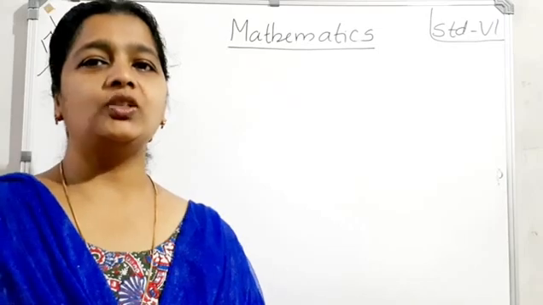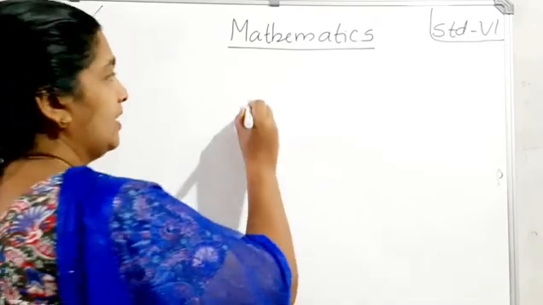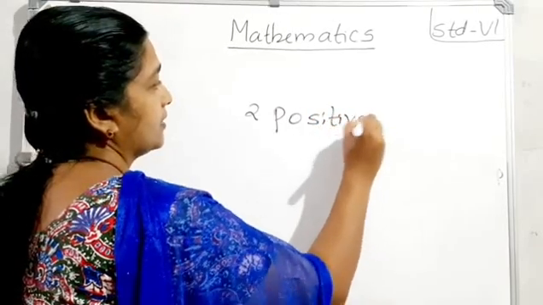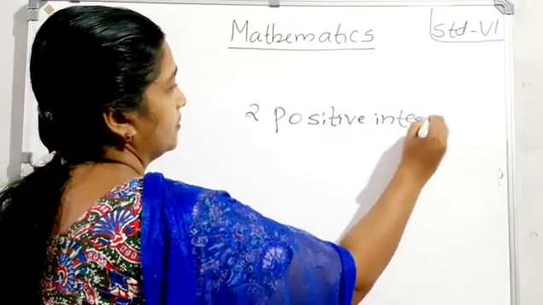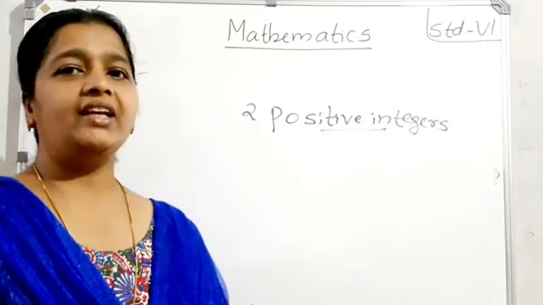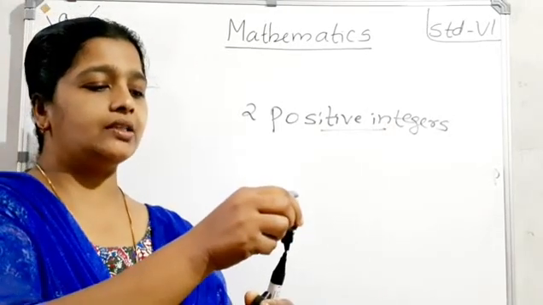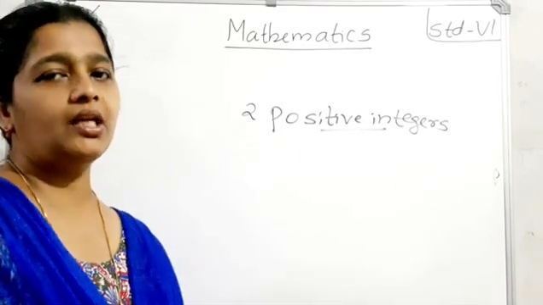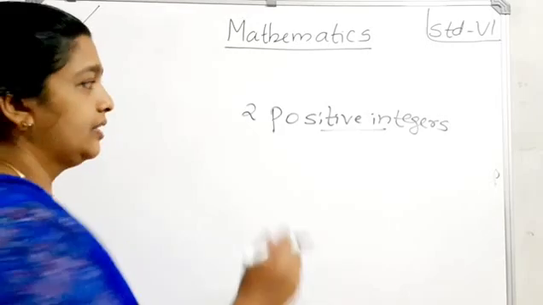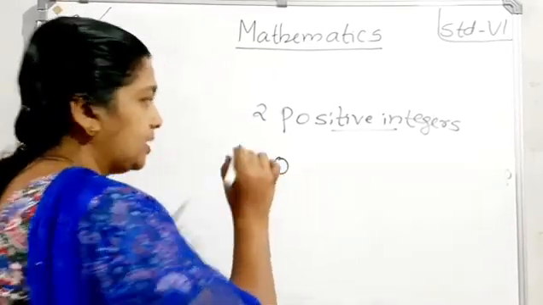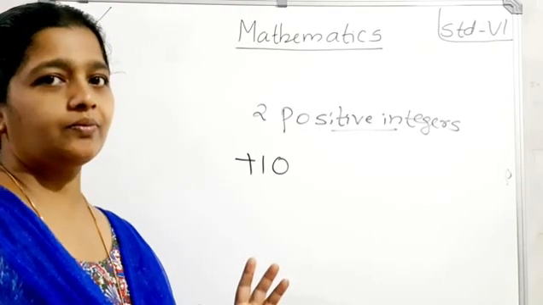When we add two positive integers, we get a positive integer. Example: this is plus 10, or positive, both are the same.